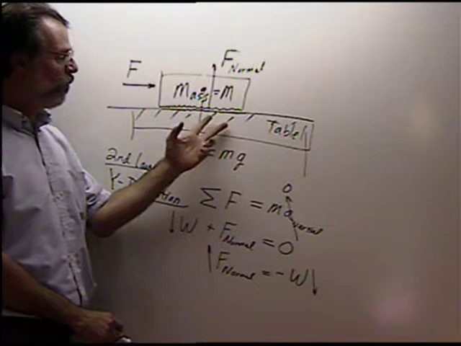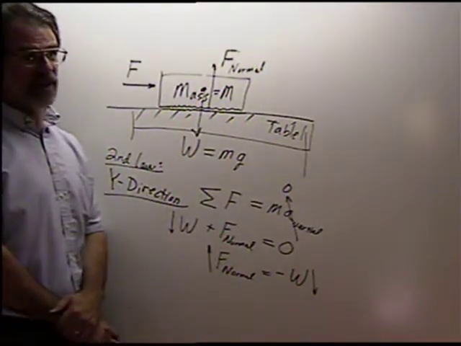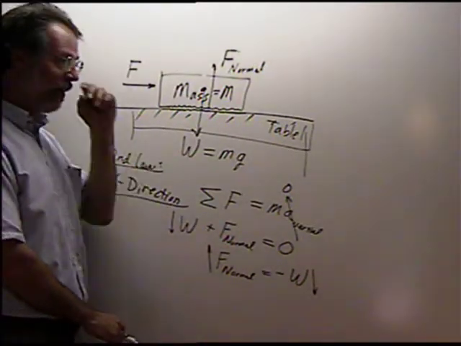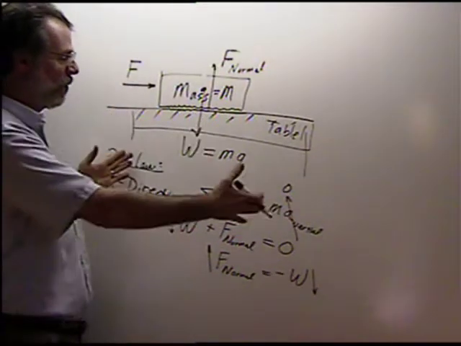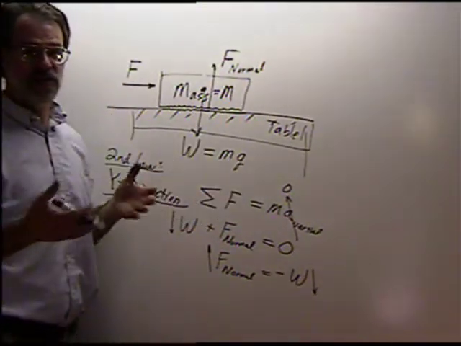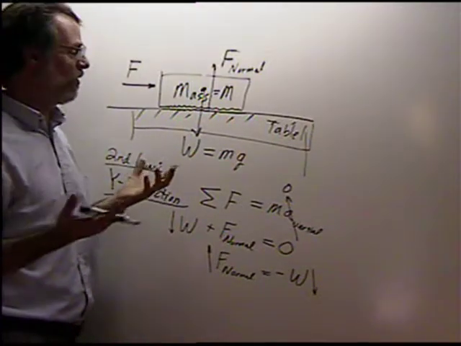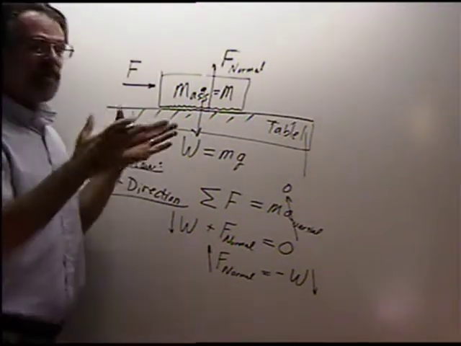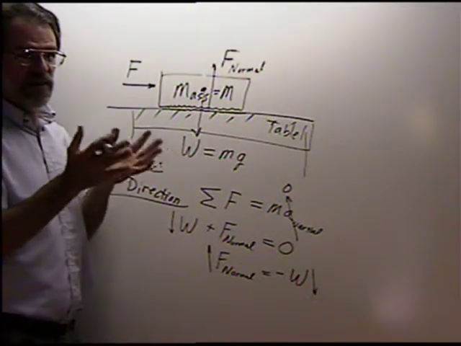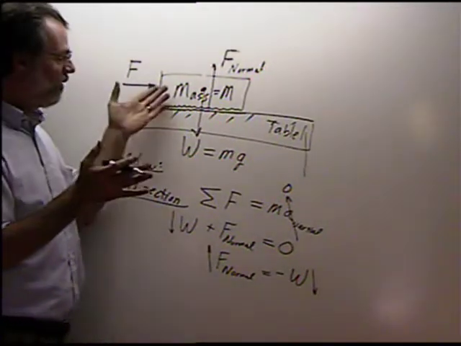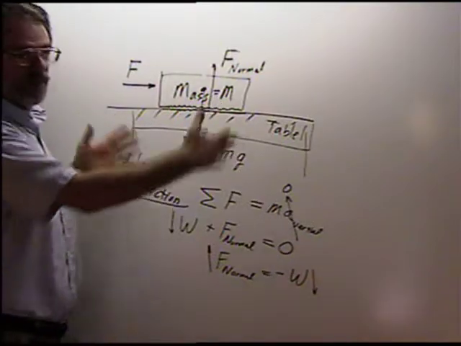The normal force is what keeps the mass on the table, if you can think of it that way. Think of it also from the point of view that a table has a certain strength capacity, shall we say. If you load up a table really heavy with a lot of mass, what's going to happen? The table is going to break.